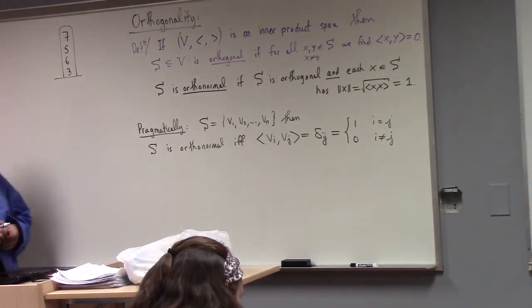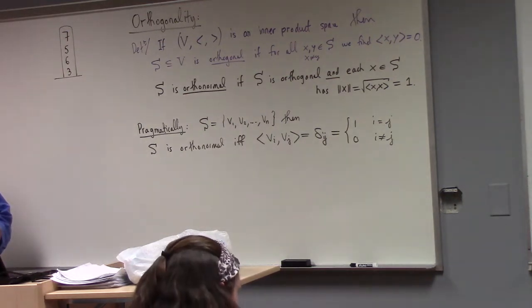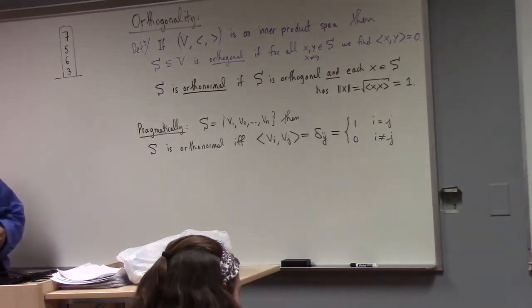So if a set is orthonormal, the inner product of two vectors in the set is 0, unless they're the same vector, in which case the inner product works out to 1.